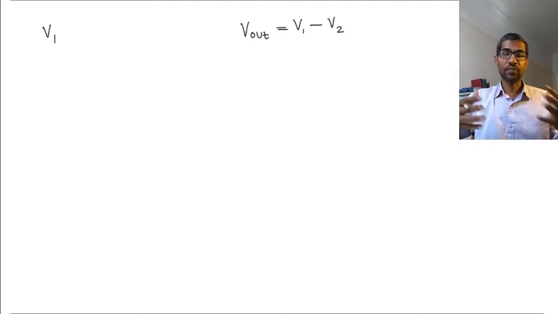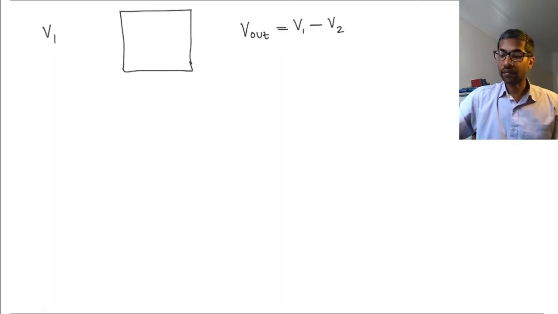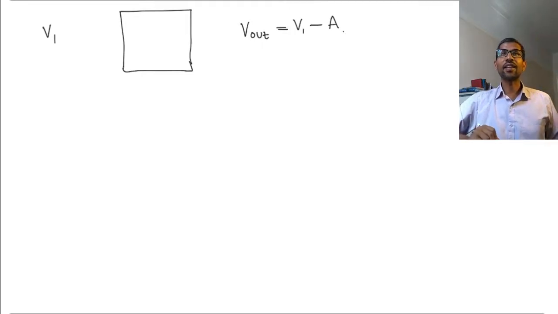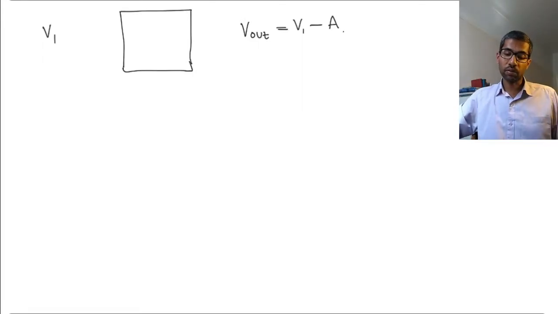So it's basically a difference of two voltages. Let's make it a little bit easier also by saying that V2 is a constant here. So it's not a variable signal, but just a constant. Let me write it as A. So A is just a number, probably one or two or something.